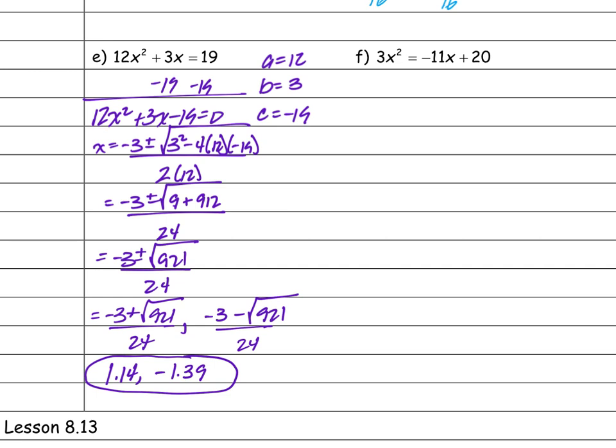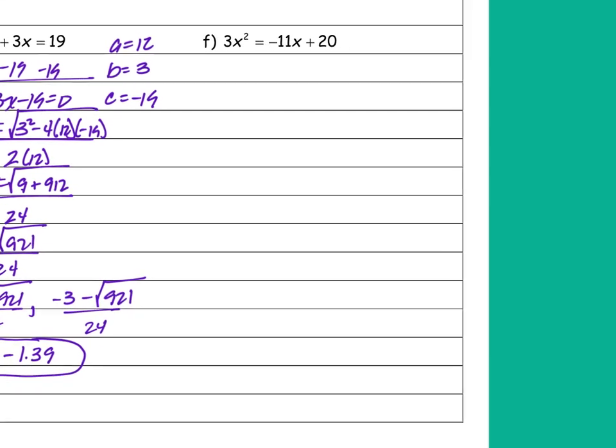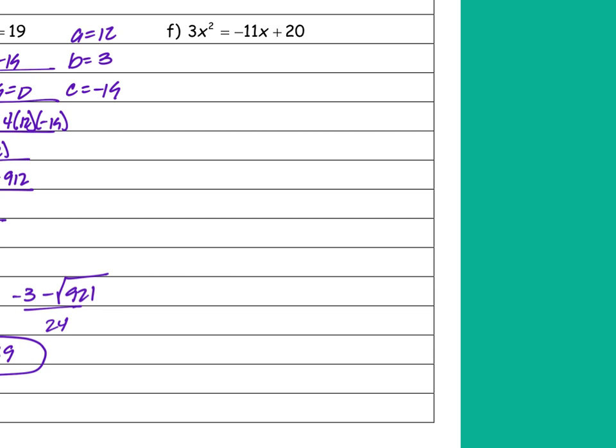Okay. So for the second one, I still need to get everything on the same side of the equal sign. So I'm going to add 11x and subtract 20. So I've got 3x squared plus 11x minus 20 equals 0. So A equals 3, B equals 11, and C equals -20.